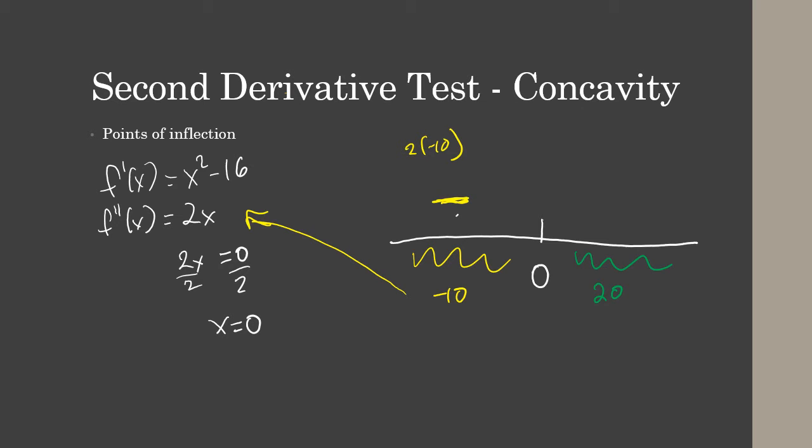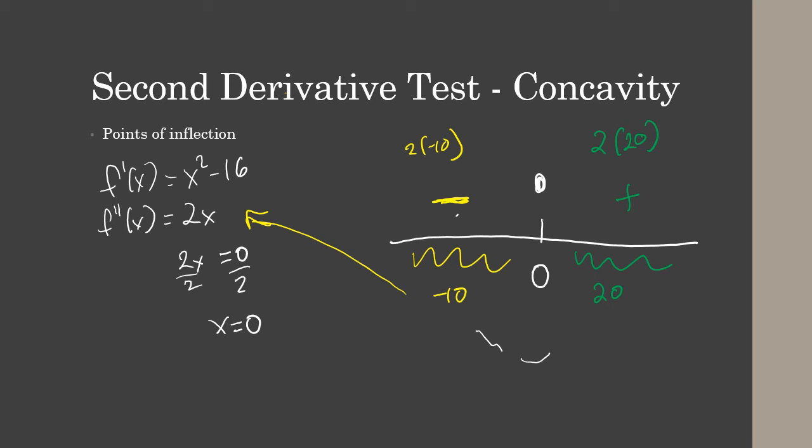And then over here, if we put in 2 times 20, we get that our second derivative is positive, meaning that our point of inflection is at 0, meaning at 0 it goes from being concave down to concave up.